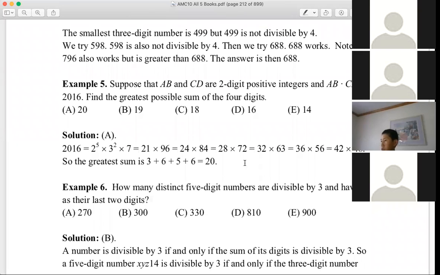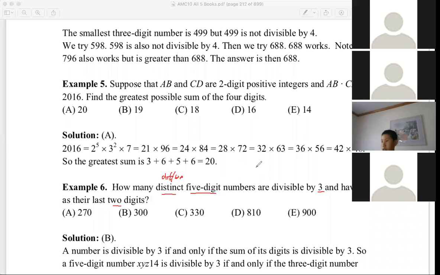They ask you how many distinct, that means different. This means different, okay? 5-digit numbers are divisible by 3 and have 14 as the last 2 digits.